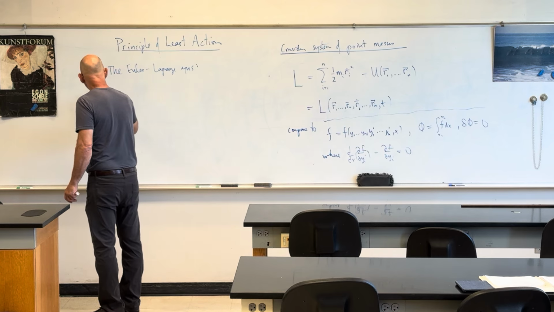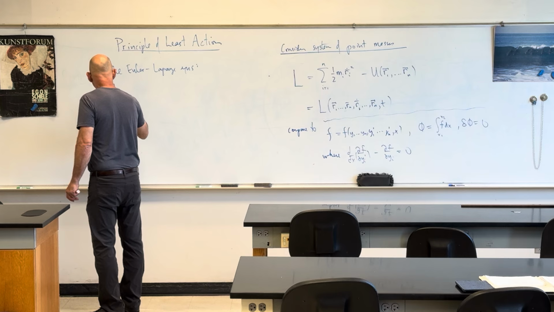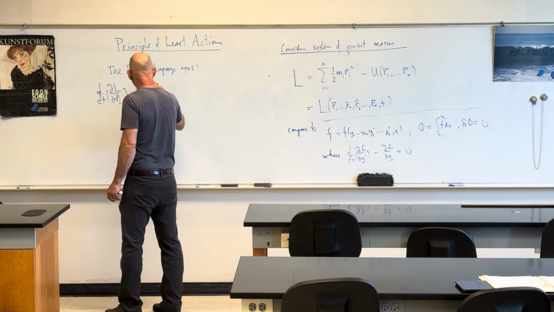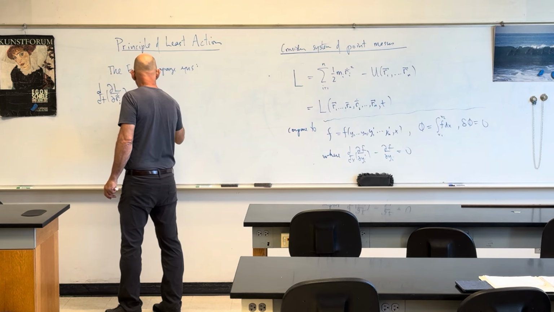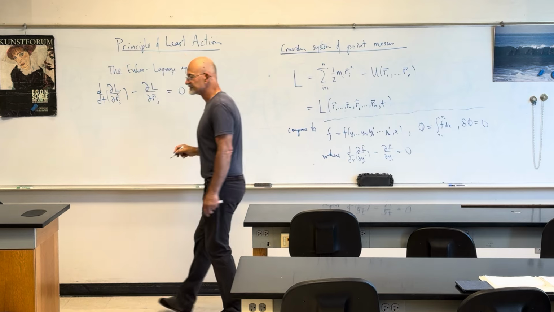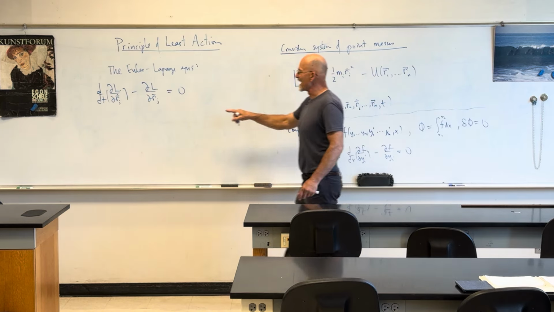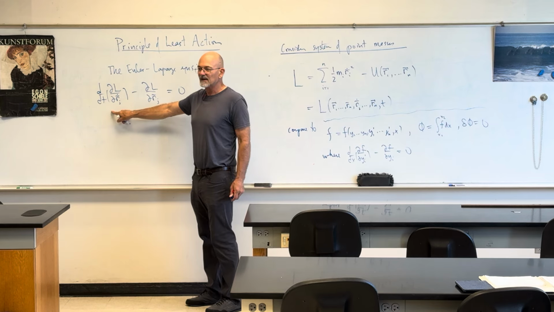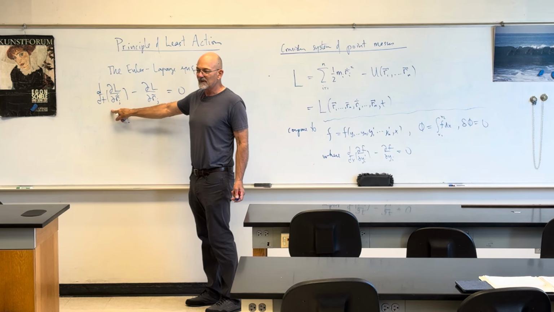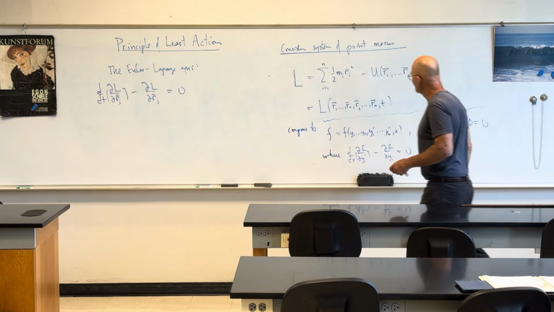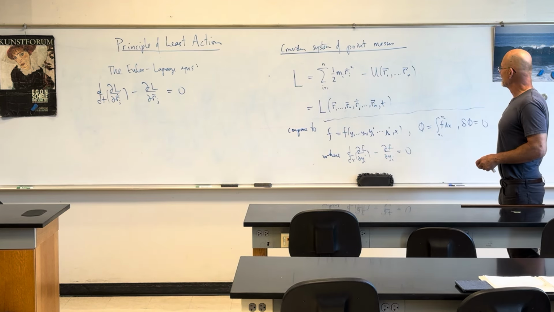We have d over dt of the partial of L with respect to r sub j dot, minus the partial of L with respect to r sub j, equals 0. What I'm doing here is doing 3 at a time because I have the vectors. These derivatives are 3 at a time. These are gradient substitutes, right?